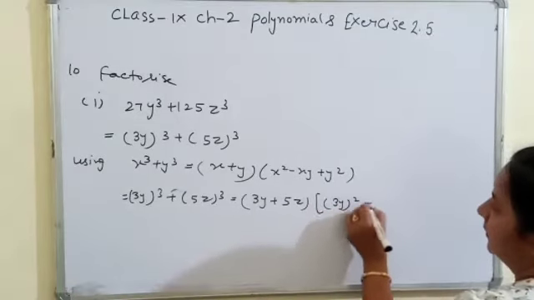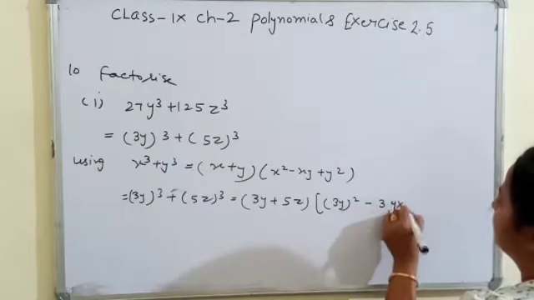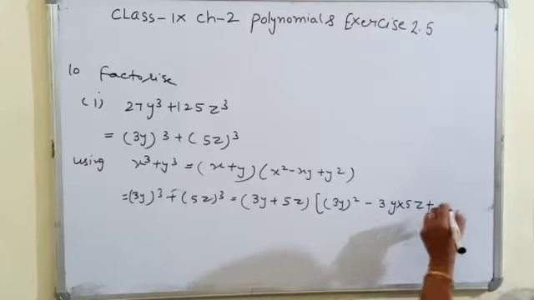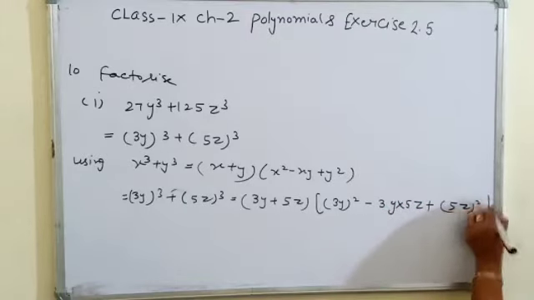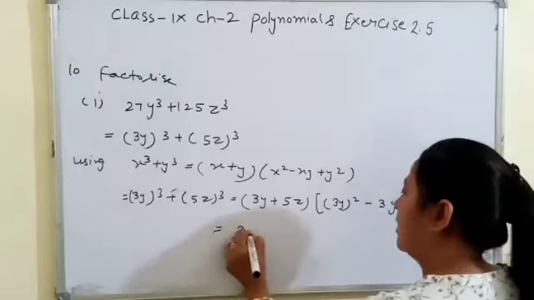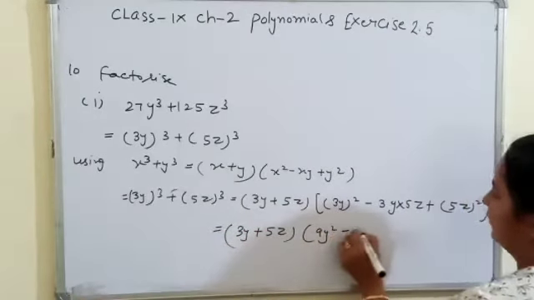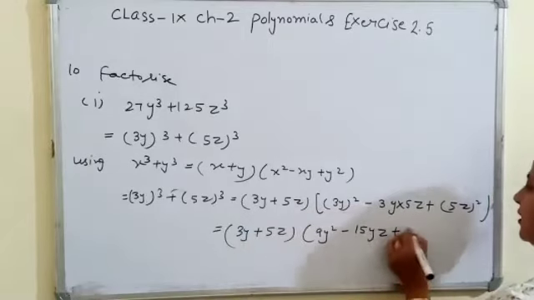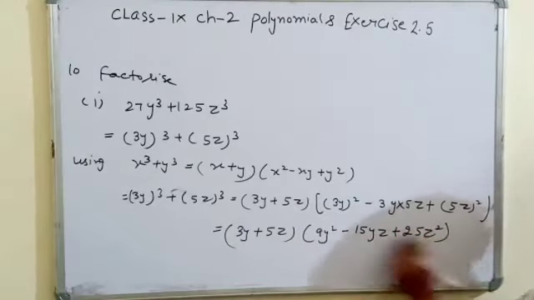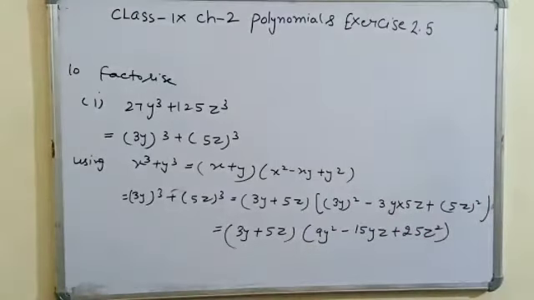So it is (3y plus 5z) times ((3y) square minus 3y into 5z plus (5z) square). So result is (3y plus 5z)(9y square minus 15yz plus 25z square). So now this was the proof for part 1. Question 10.